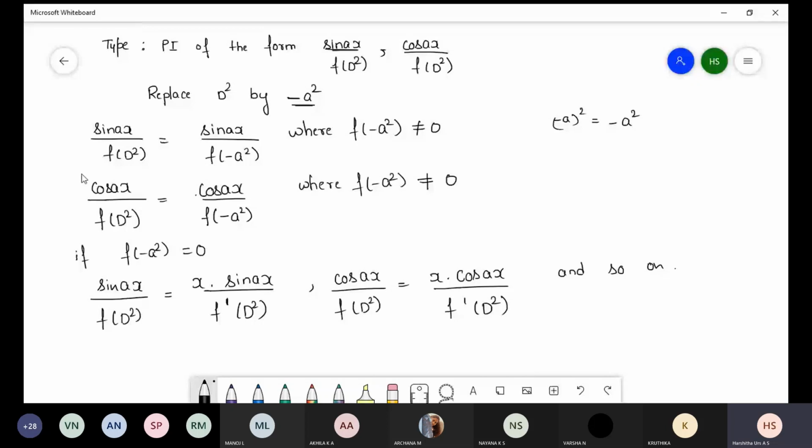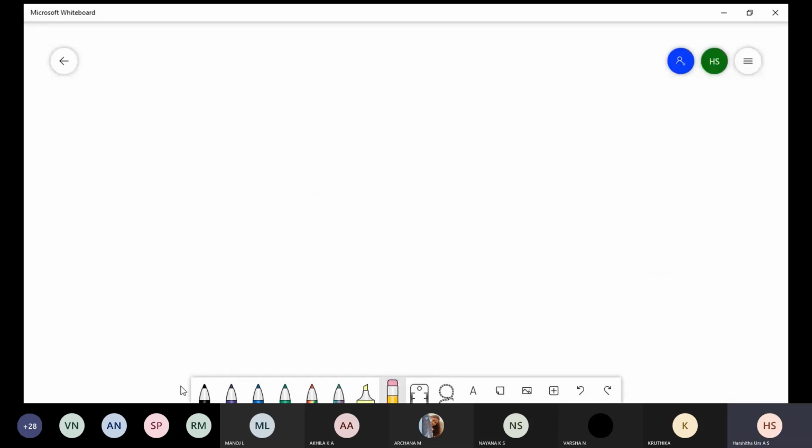So let us see the first problem. Here cos 2x divided by D minus 1.